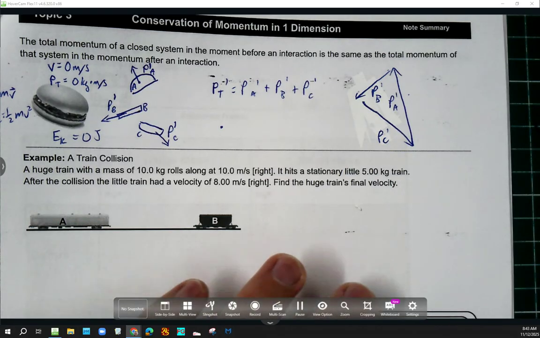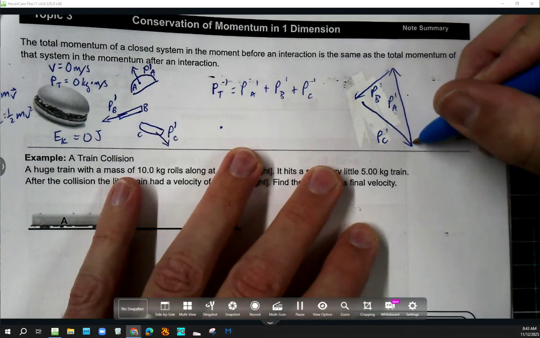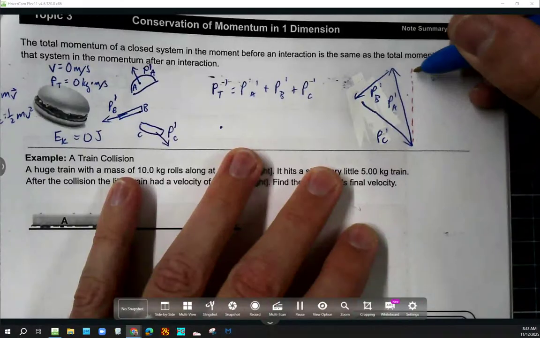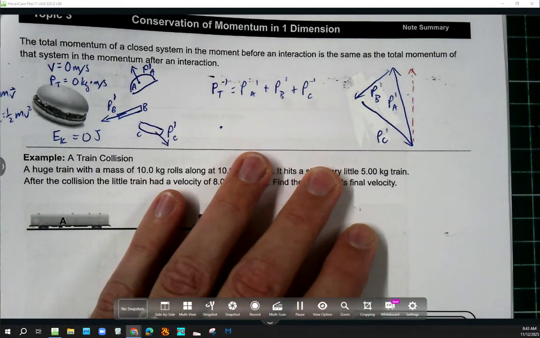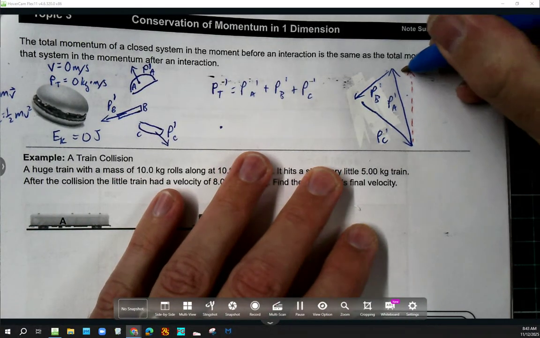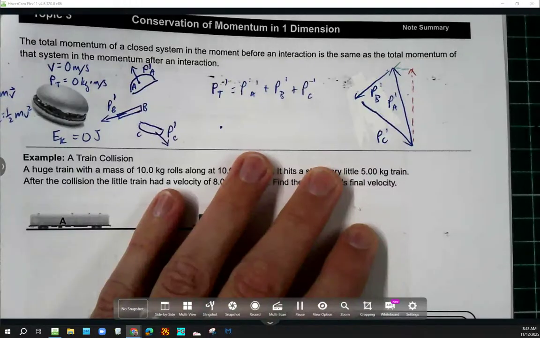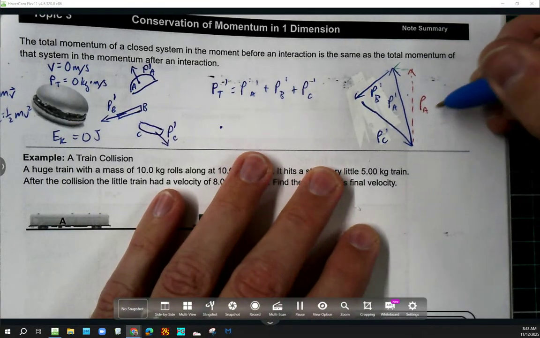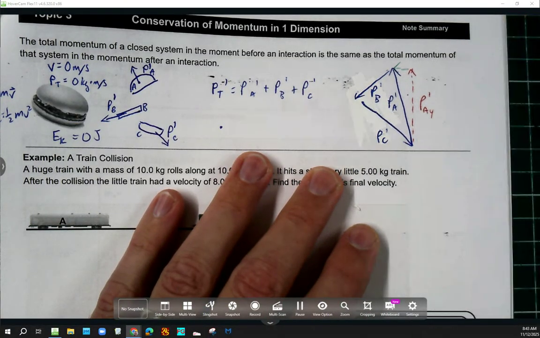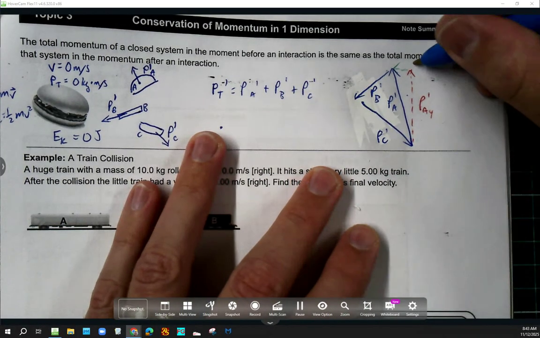It means that I'd have to break these guys up. I'd have to have a PA primed Y, and I'd have to have a PA primed X, and I could label them PA primed Y, and see I already have a lot going on in the subscripts there, so I wasn't really keen on putting a before and after as well. I'd have PAX primed.